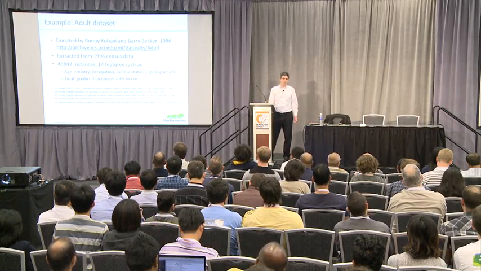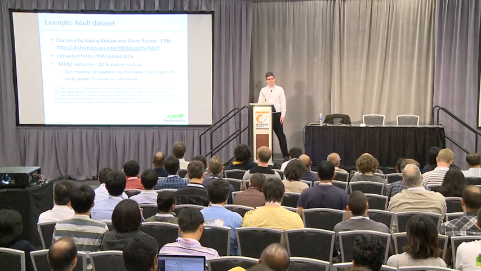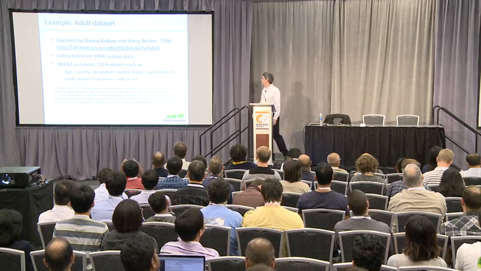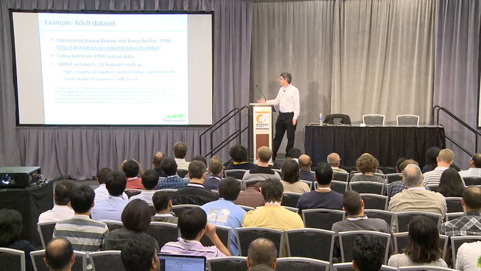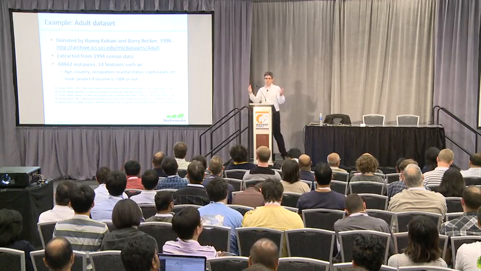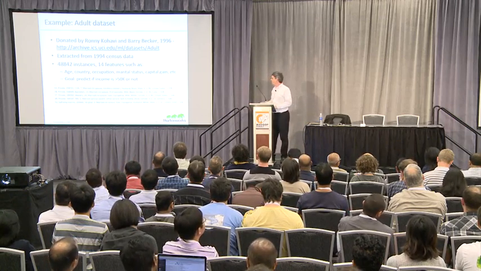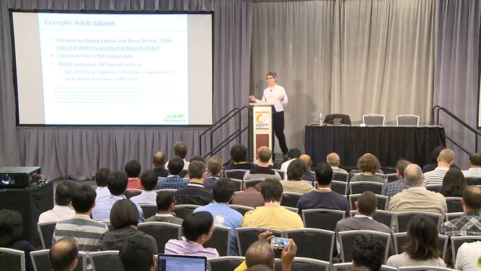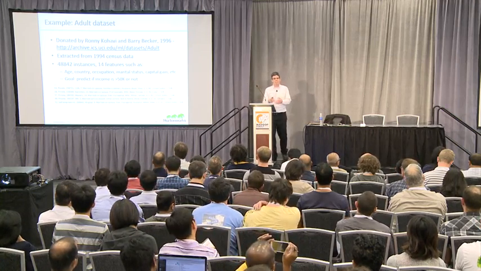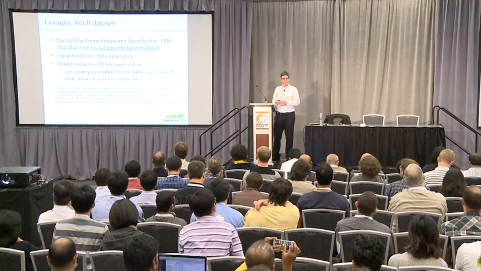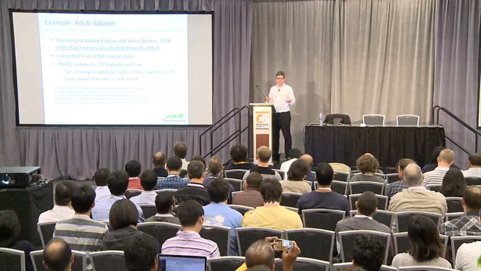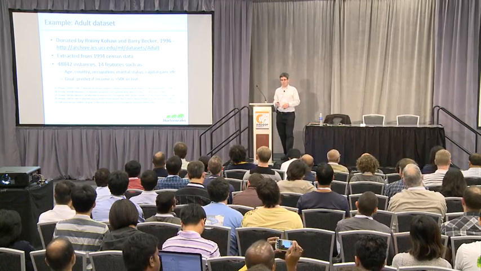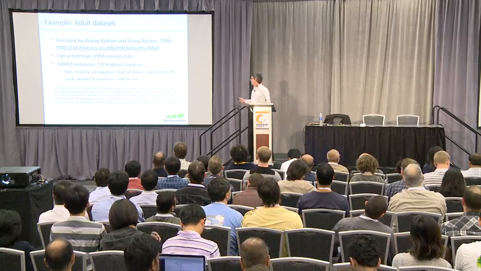It's a very old machine learning data set that was created by Ronny Kohavi and Barry Becker back in '96. I chose it randomly because I thought it was a nice data set. Some of these data sets have just 1,000 instances. This one had like 50,000. It's not huge, but it's big enough to be interesting, and small enough that you can do it as a demo on your virtual machine on your laptop.